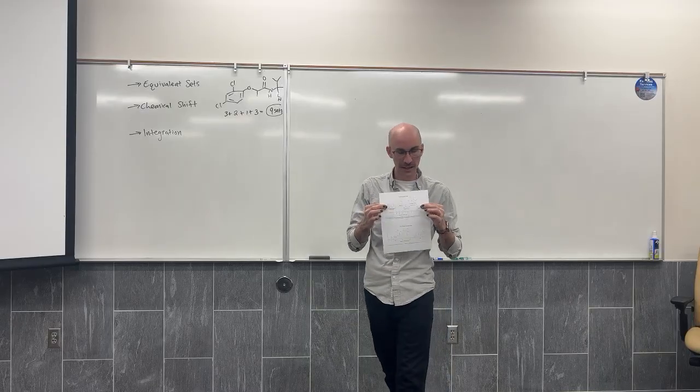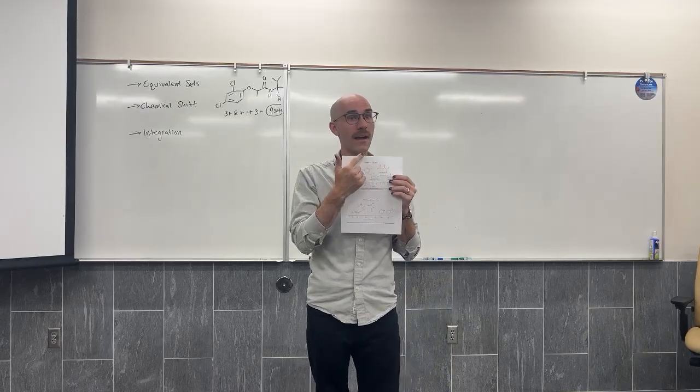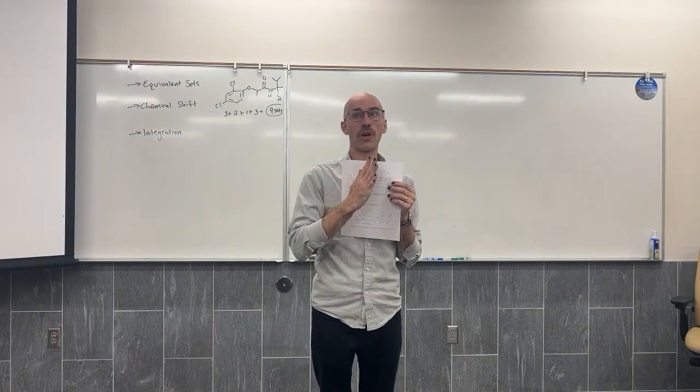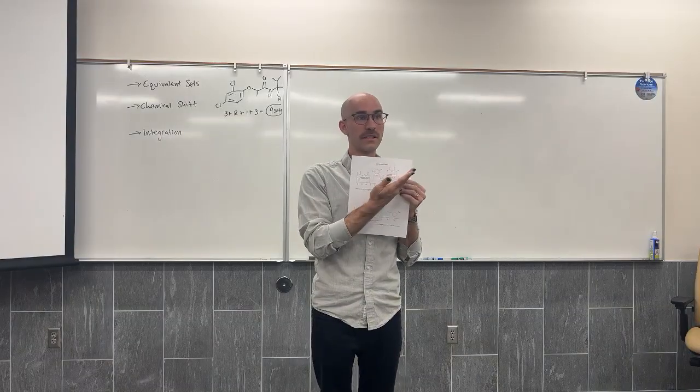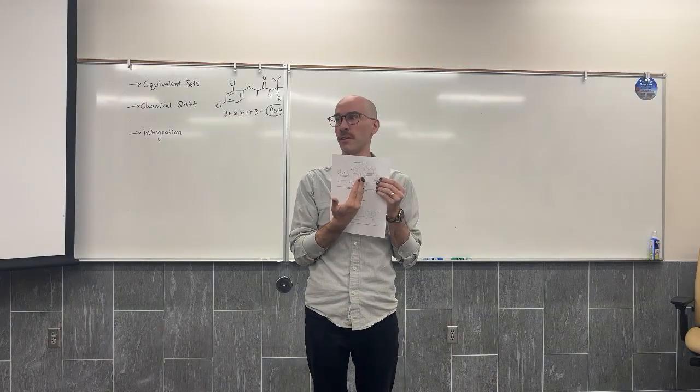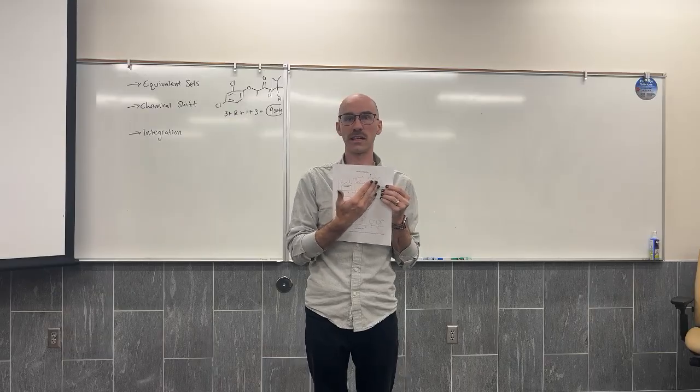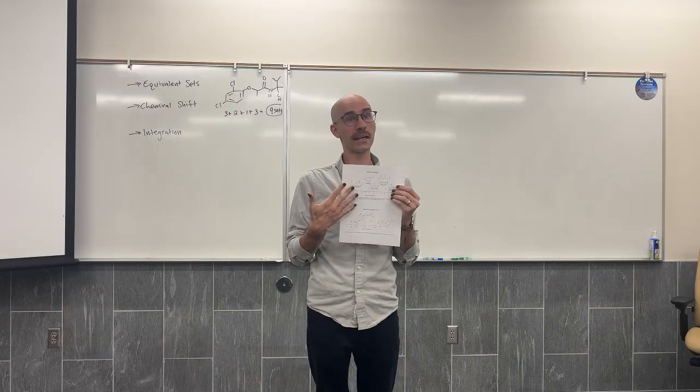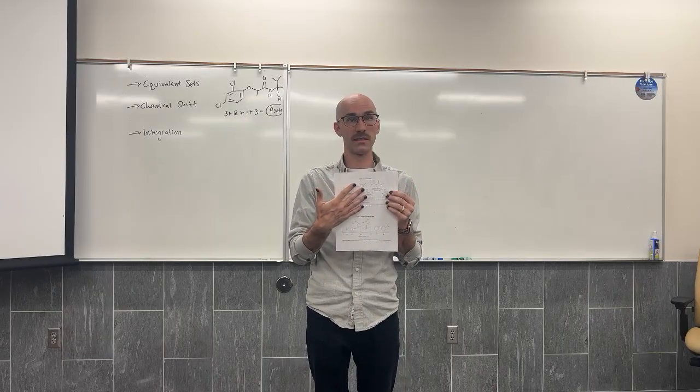So the correlation table actually shows not everything bonded to a carbon is equally to the right. Because if that carbon is an alkene carbon, it shows up around 4 to 6. If that carbon is an aromatic carbon, it shows up around 6 to 8.